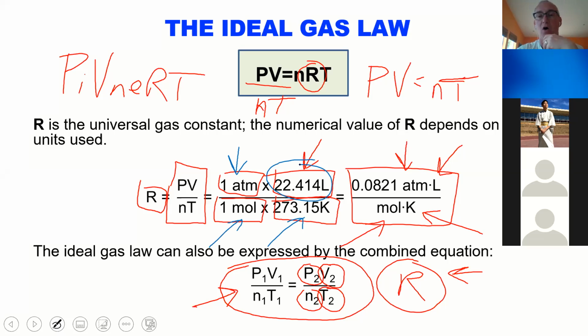You just plug all of that into the relationship between them and you get this number here. It's basically 22 by 273. So if you can remember how many liters there are for 1 mole, which is 22.4, and you remember the temperature at 0 degrees C is 273 Kelvin, you can calculate what R is. That's all it is. It's just the volume divided by the temperature. You leave atmospheres as 1, moles as 1, so it's just the number of liters divided by the temperature.